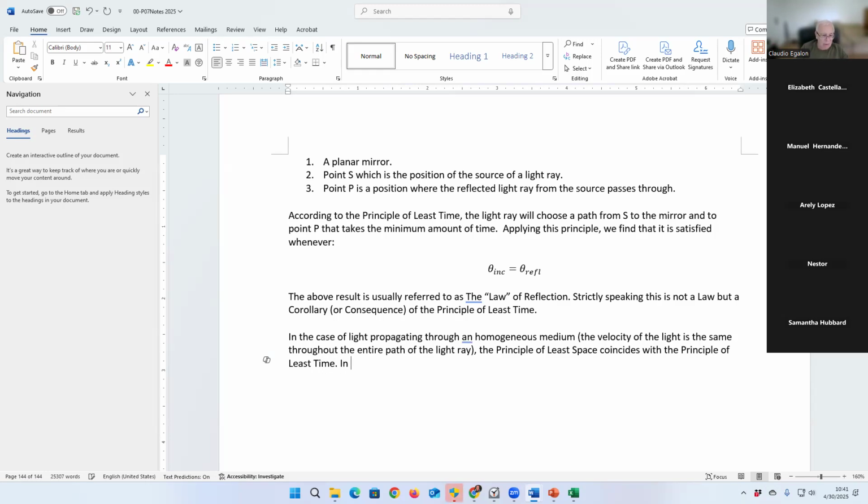In other words, under this condition of homogeneous medium, light also chooses the least distance or space to travel from one point to another.